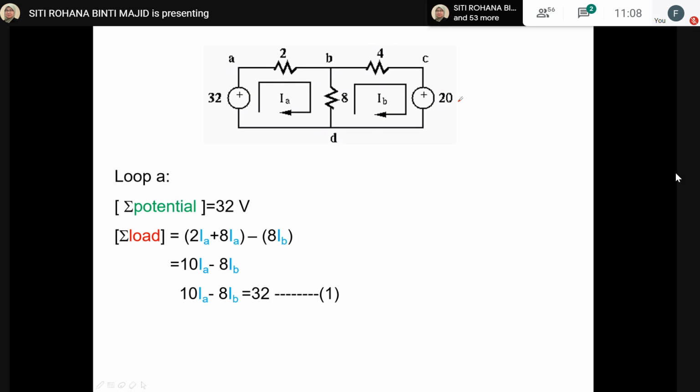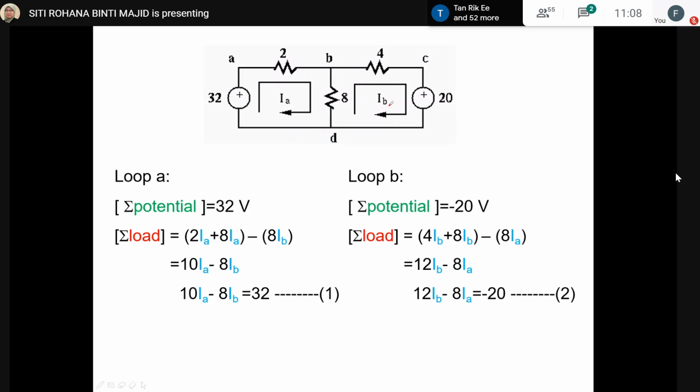Here, total potential equals 32, and then for the load, you go one by one through the circuit elements, the resistors, which is 2IA plus 8IA minus IB. You understand why minus IB, because of the influence of the next loop current. Then you will get equation 1, which is 10IA minus 8IB equals 32.